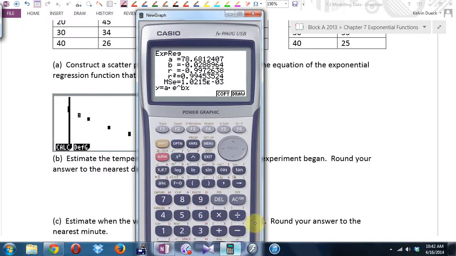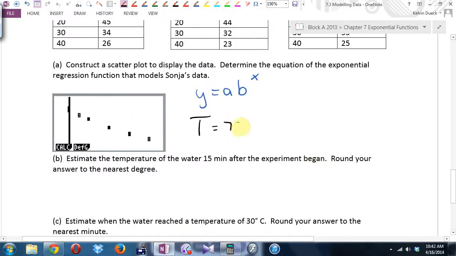A is 78.68. What do you guys get for your B value? Because this I don't have in front of me. Give it to me to, I'm going to say 4 decimal places. 0.9152? No?